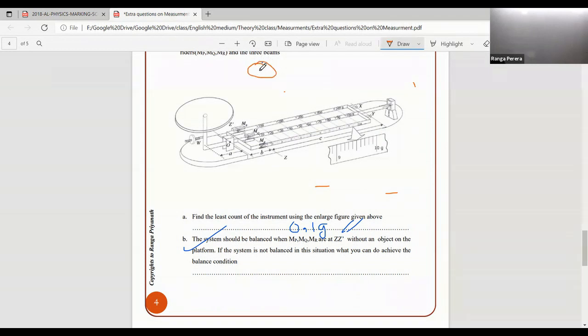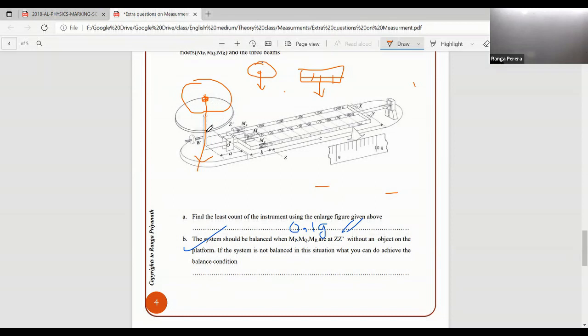If I take a sphere, the center of gravity is at its center. If you take a beam like that, the center of gravity is at that exact point. So what I want to tell you is that the center of gravity of the entire object must be exactly along the center of the platform.